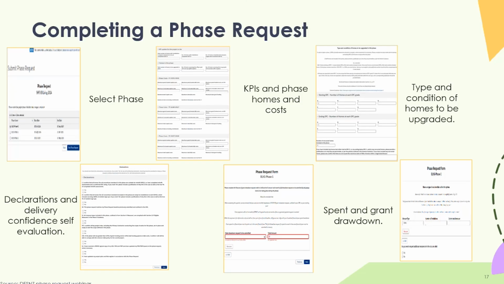So the phase request form, you may have seen it previously in Excel format. We've all moved now to the grant management system, or the grant recipient portal. So everything will be done via that system. You have a number of pages that you go through in the phases tab. I'll share the link to the guide, which has created a walkthrough of that system.